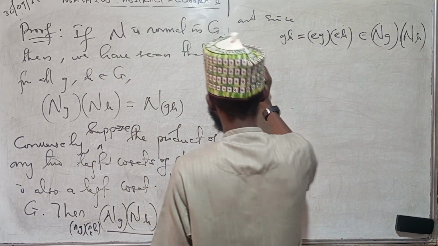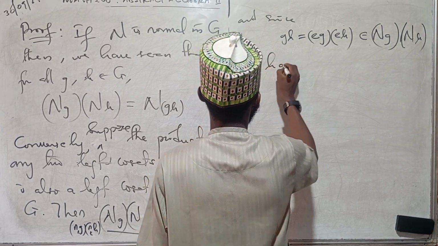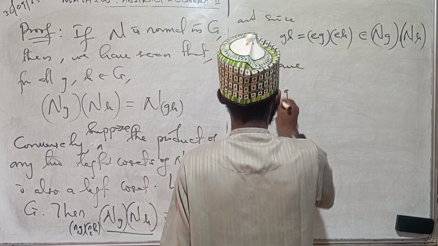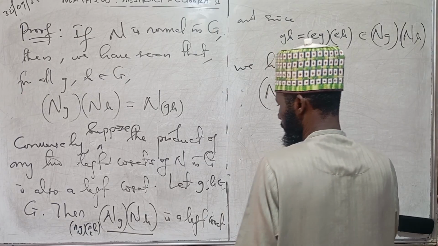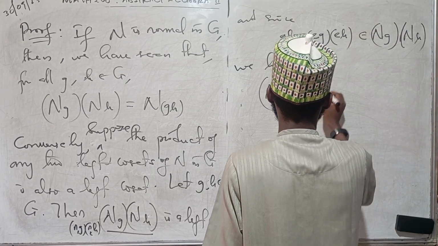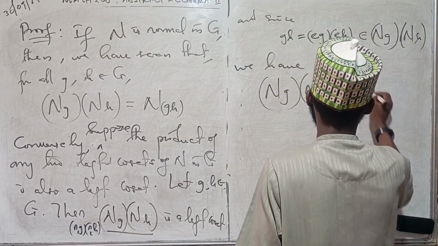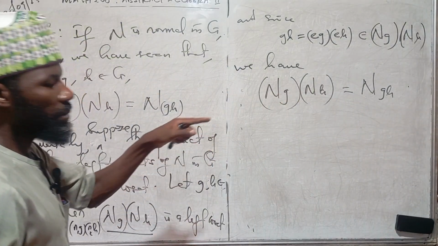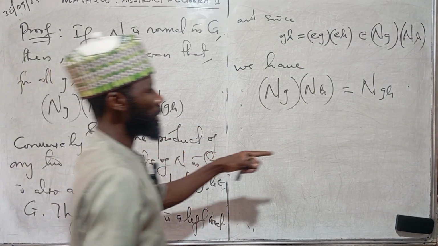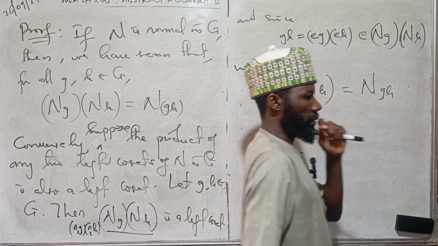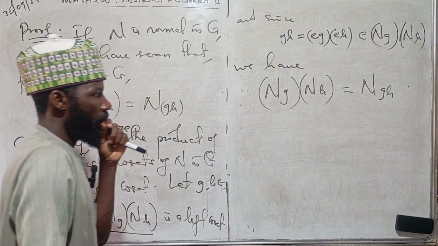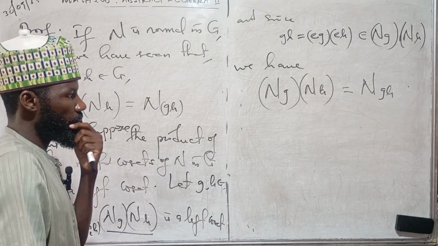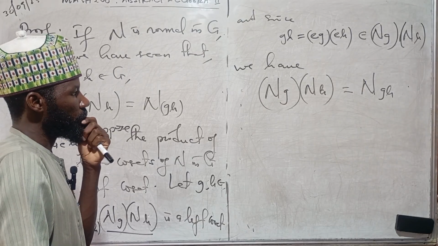So we have that NgNh is equal to Ngh. So it must be the left coset generated by gh. Is that okay? All right.